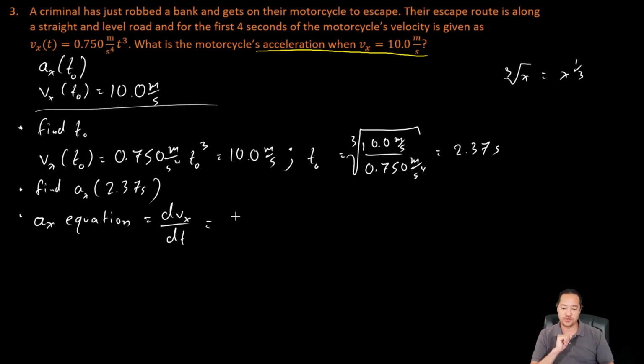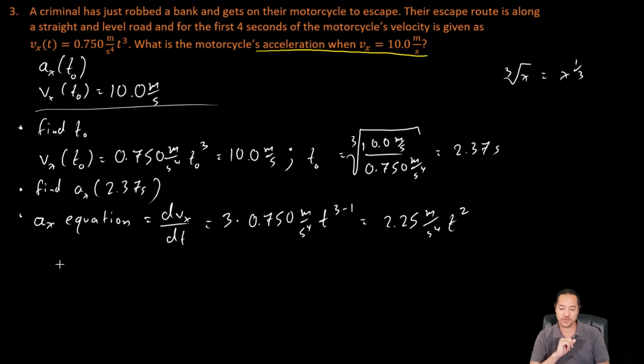Using the power rule, we take this cube and bring it down to the front, so that's 3 times 0.750 meters per second to the 4th power, and then t to the power of 3 minus 1. As we simplify this, we get 2.25 meters per second to the 4th power, t squared.